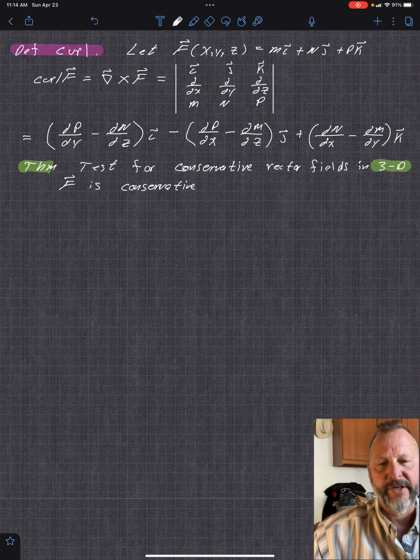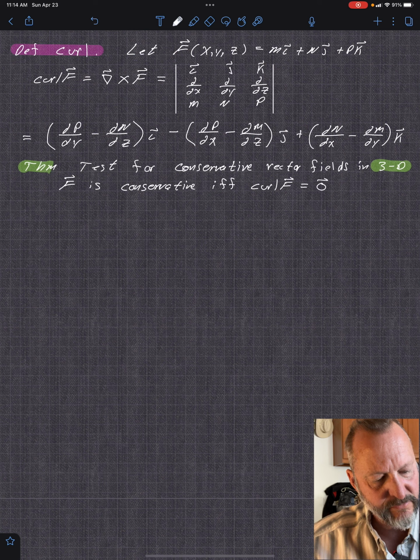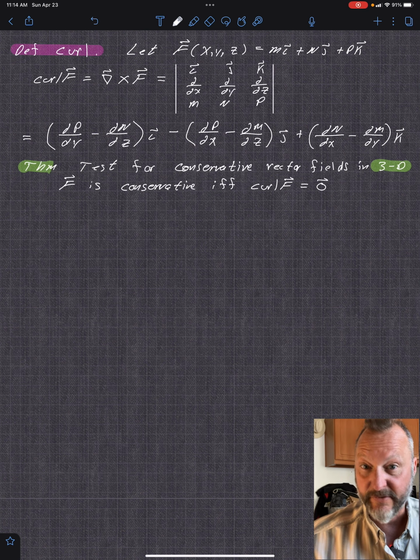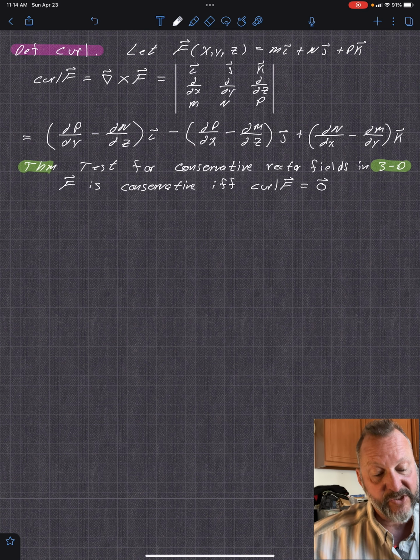So F is conservative if and only if curl F is equal to 0. And it's a 0 vector. So remember, conservative vector field definition is that there exists a potential function that I showed you. But this is how to test it. You just do the curl of it.